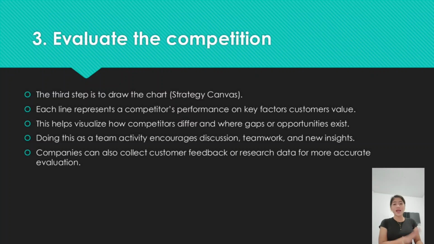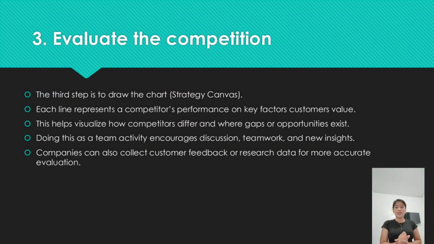Next is evaluate the competition. Businesses compare themselves and competitors using a graph or chart to see who performs better in each factor. This step helps visualize the strengths, weaknesses, and opportunities.